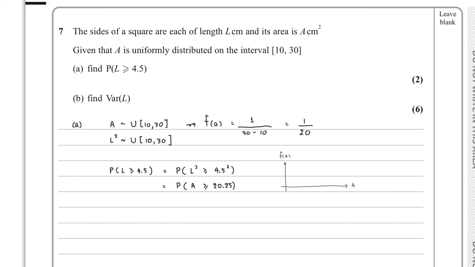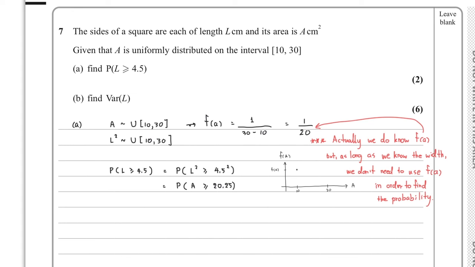First, the distribution starts from 10 to 30 with some probability right here, but we still don't know what this is. We have to find the probability that A is greater than or equal to 20.25, which means this area. We can find the probability from the ratios of areas on the graph, which are this small rectangle and this big rectangle. The area of each rectangle is width times height.